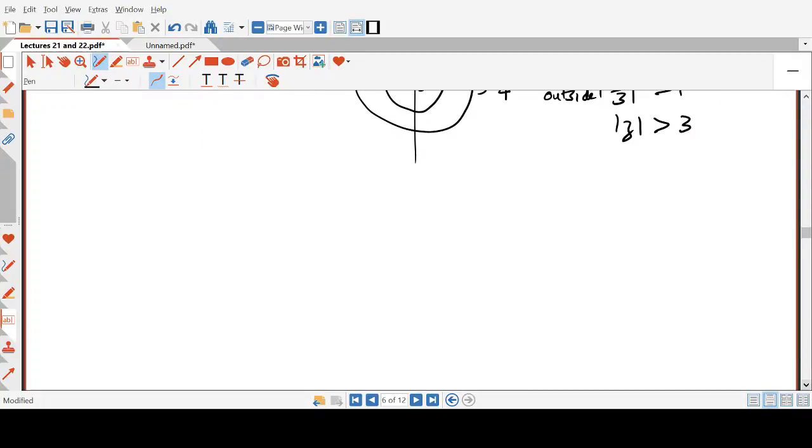So this second problem is like this. Example, let's do example 32. Well, I'm doing the same example as in the book.